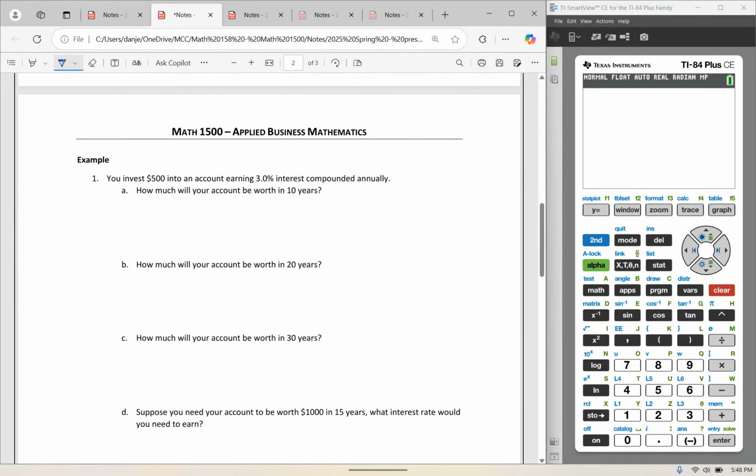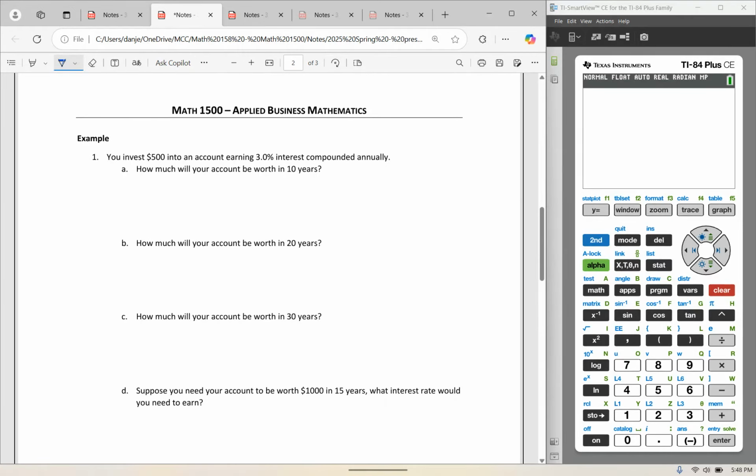So we're going to do some examples here. And I'm going to write my formula again over here. I'm going to use the A and the P. But A is P times 1 plus R over N to the NT. So if I invest $500, that's my P, into an account paying 3% interest, that's my R, compounded annually.